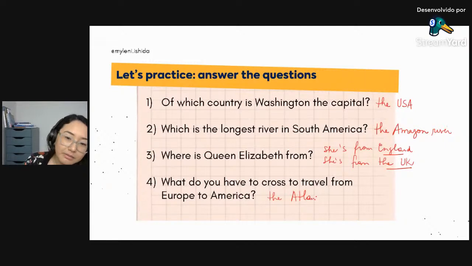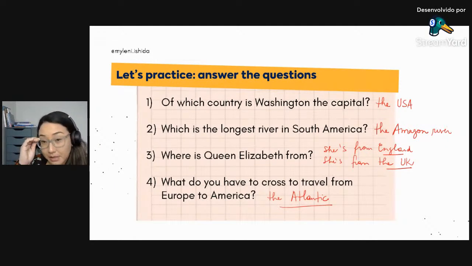Because with oceans, rivers, deserts, canals, I always use the definite article there. Okay? You can say the Atlantic Ocean or only the Atlantic. Okay? Very good.